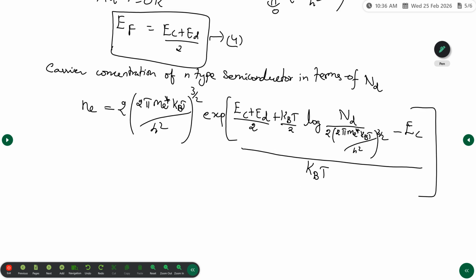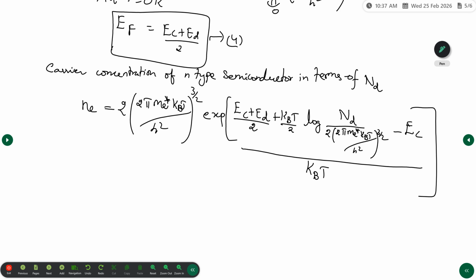It looks like a big equation, but it is simple. Just because of this EF, it appears to be bigger. Instead of EF, we have substituted this. Now take the LCM here: EC plus ED minus 2EC, then by kBT.